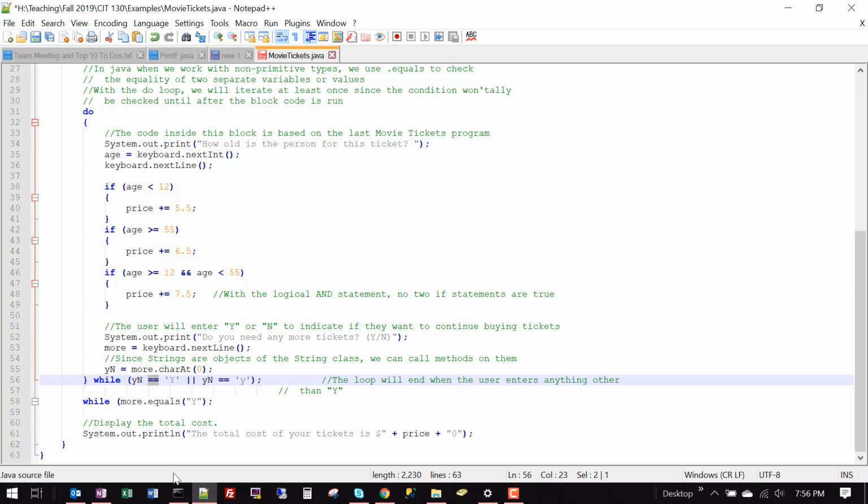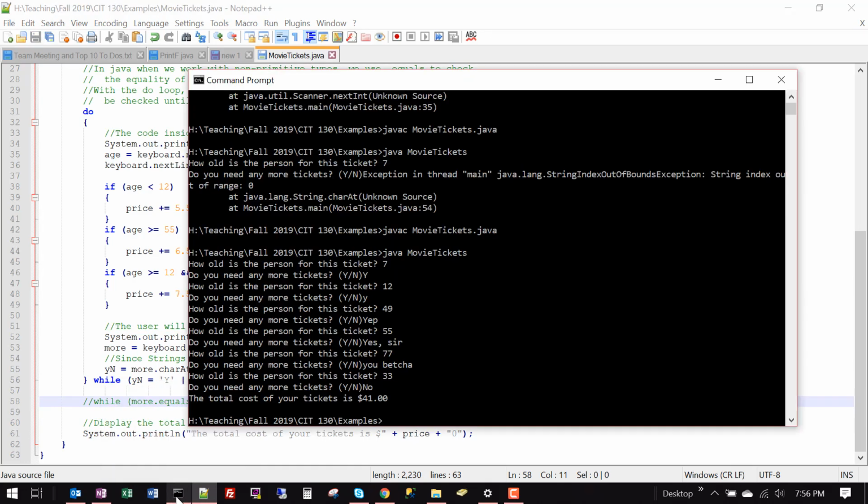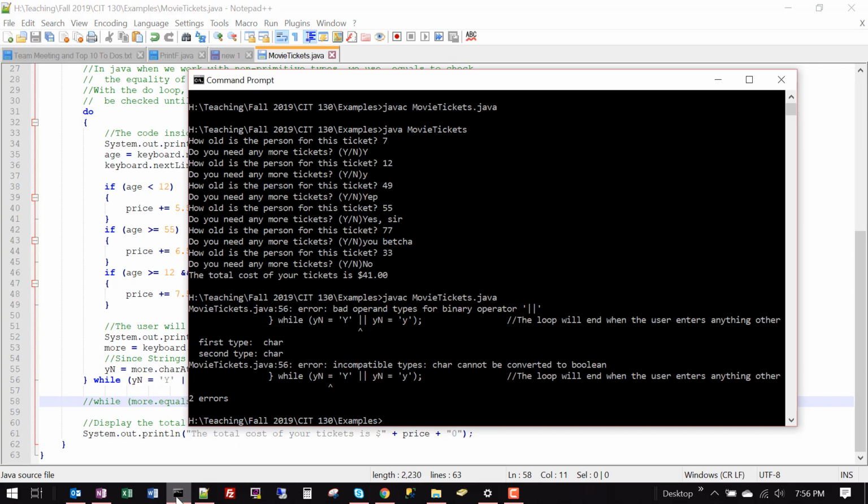One of the things that is important about that is if we accidentally put in a single equal sign, I'm going to comment that out so it'll compile. Let me show you what that does. Let's compile it. It says bad operand types for binary operator OR.